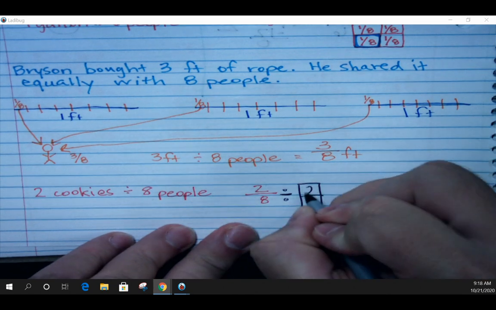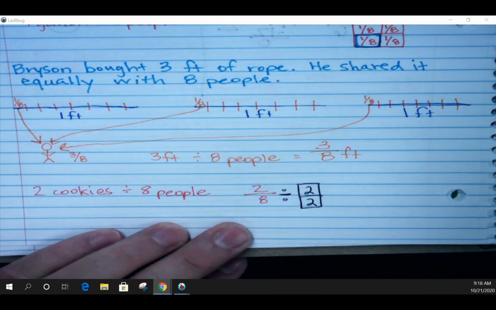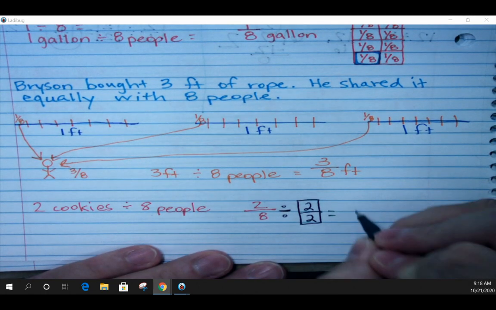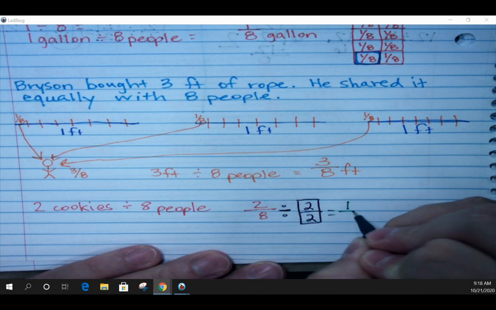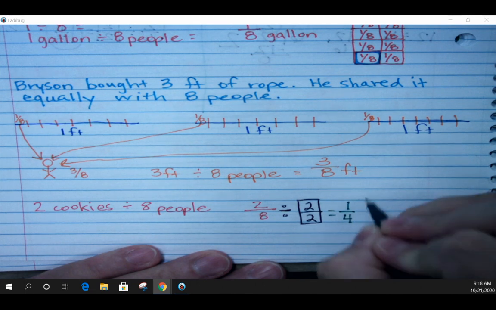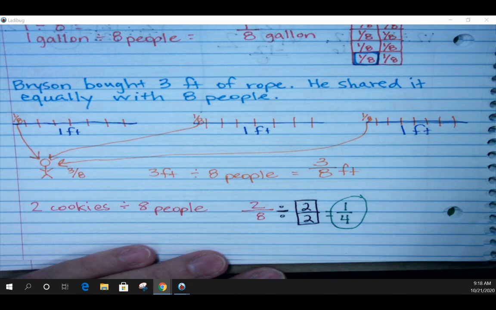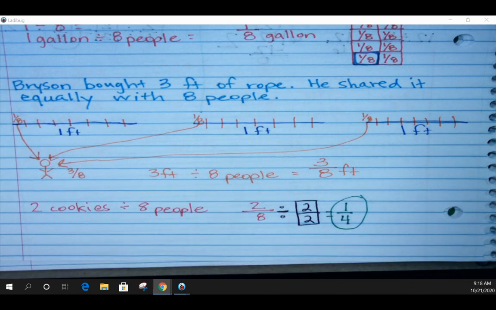No. So we're going to divide by 2/2, which is a form of 1. 2 divided by 2 is 1. 8 divided by 2 is 4. So everybody gets 1/4 of a cookie. It's just fair shares.